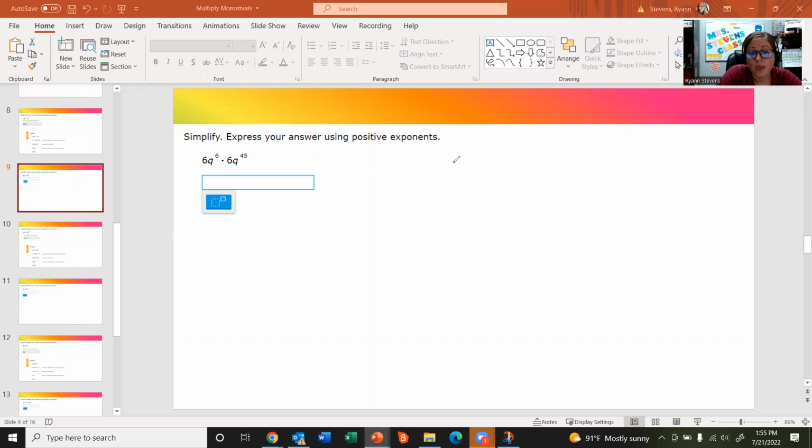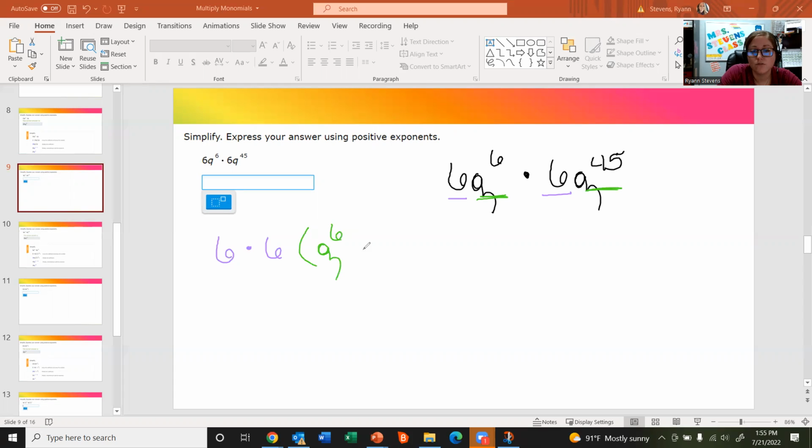So we can group our coefficients and group our variables together. So 6 and 6 are the coefficients, so 6 times 6. And then the variables are q to the 6th power, and then q to the 45th power.